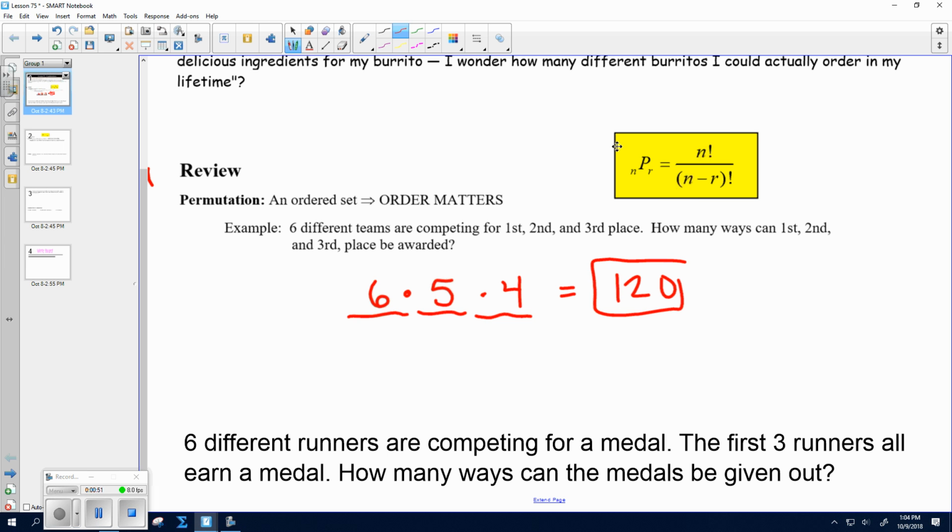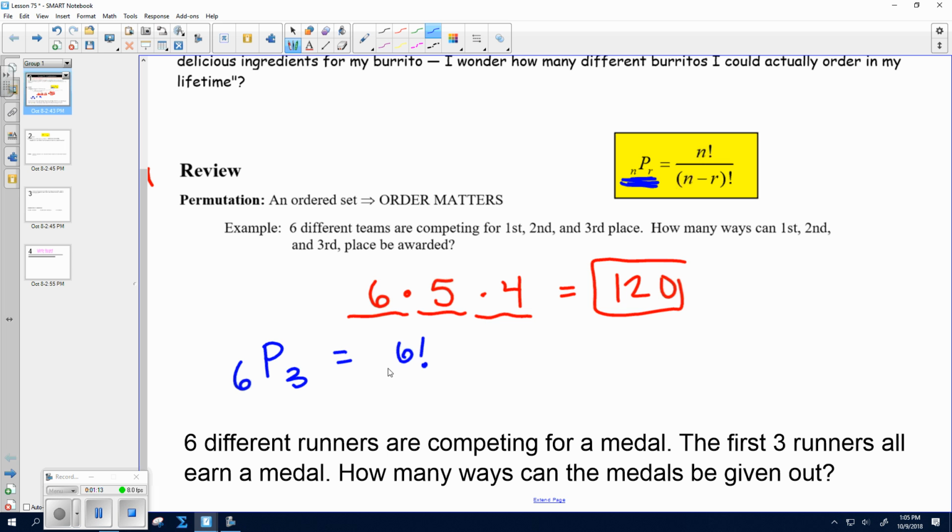This is the same as this formula, which I am going to show you, and we should look at how to do it on our calculator. So this is nPr. n is always the bigger number, so it's 6P3. So I have 6 different teams. How many ways can I give out first, second, and third? And I'm going to fill in the formula, n factorial.